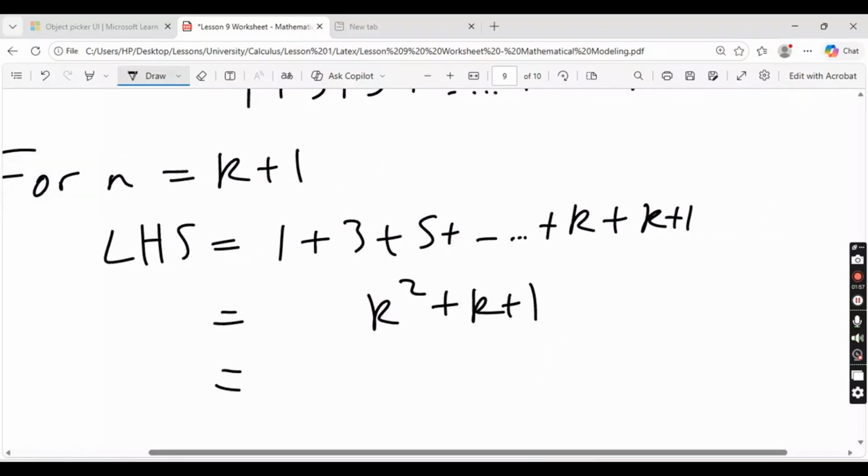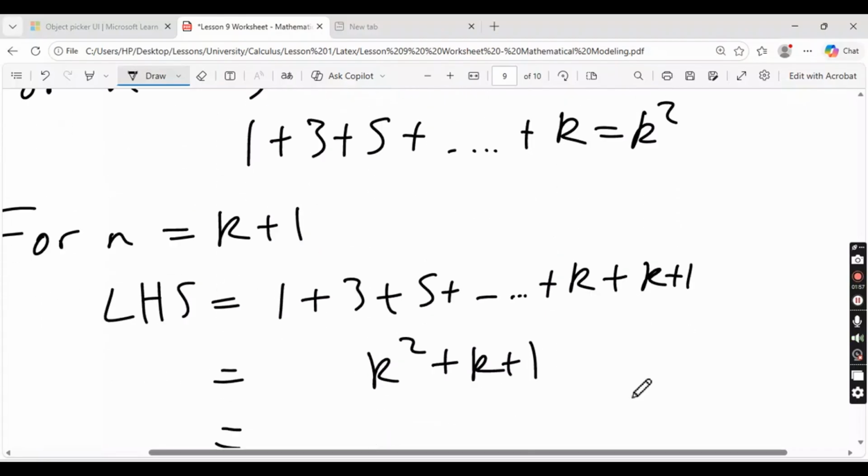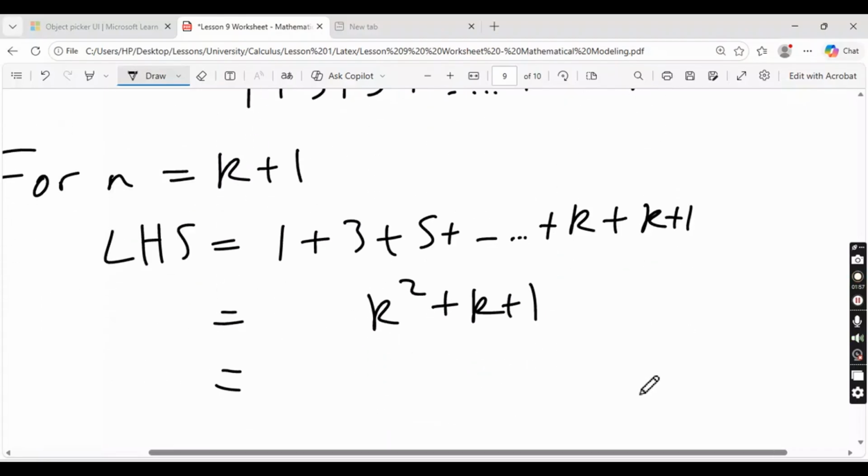Okay, what do we do now? Factorize. Okay, let's try and factorize.